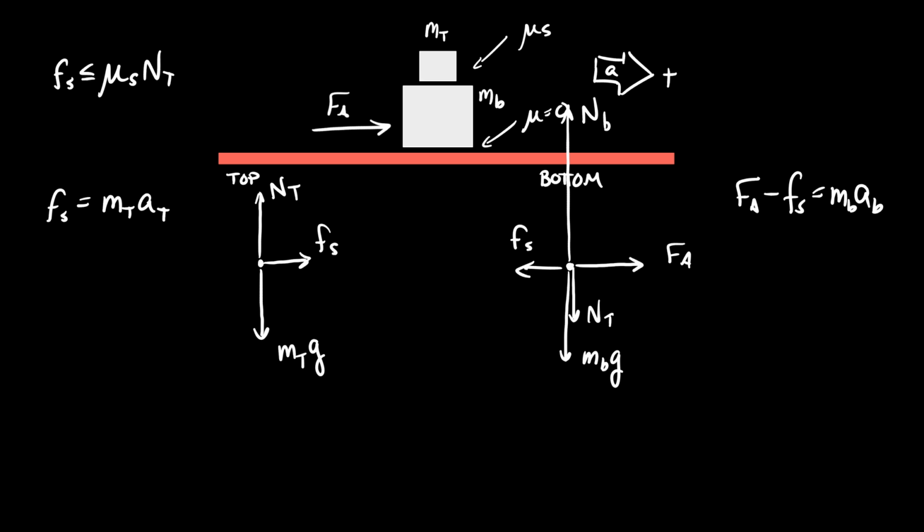now here's the question. Is this acceleration on the top box the same as the acceleration on the bottom box? Are they the same? Only if we want them to stay together. Do we want them to stay together? Yes. Yeah, that was the whole point of the problem.